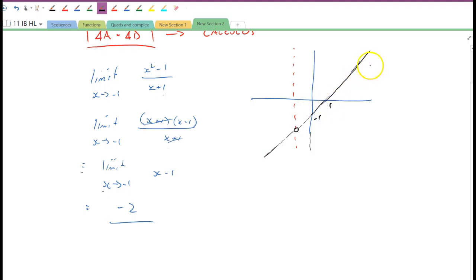So this is y equals x squared minus 1 on x plus 1. It's a straight line, but it's discontinuous at the point x equals minus 1, and at that point the y value is minus 2, and that's our limiting value. As x approaches minus 1 from either side, we're approaching a function value of minus 2, discontinuous at that point.